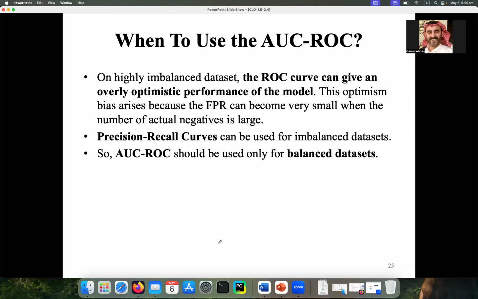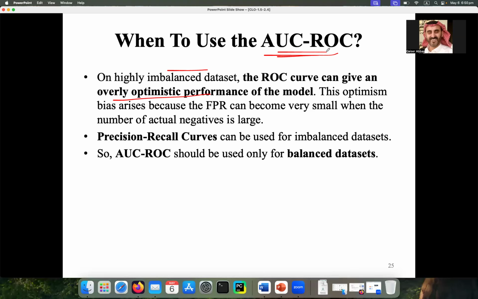So if your data is highly imbalanced and you are using auc-roc, this measure will give you overly optimistic results.